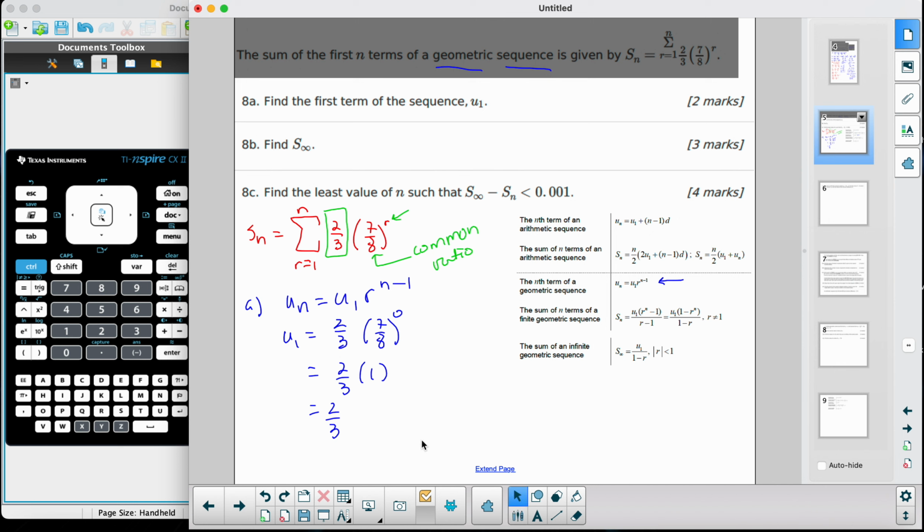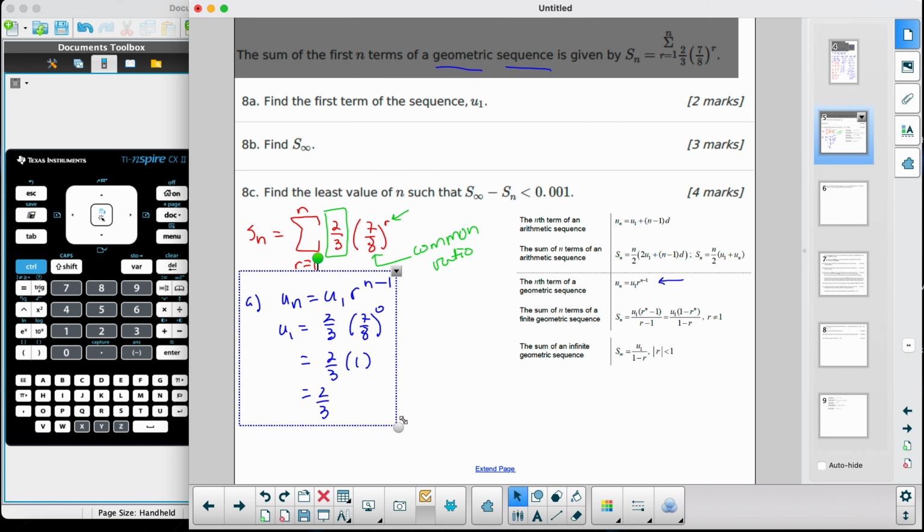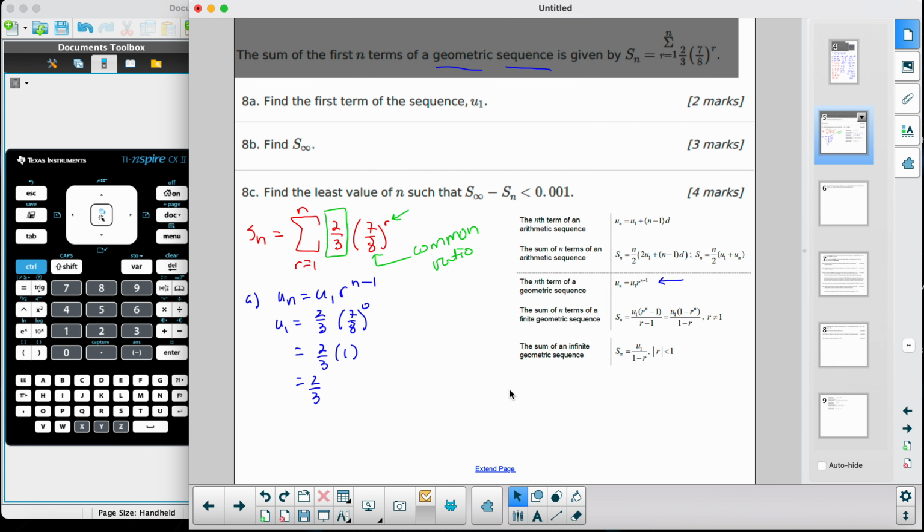So, let me make that a bit smaller. Maybe we'll have enough room to keep it all on here. Okay, so B, find the sum to infinity. The sum to infinity formula for a geometric sequence is right here.